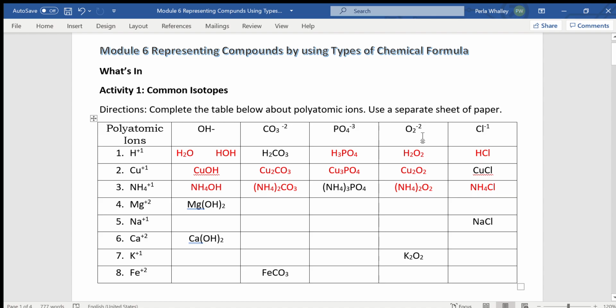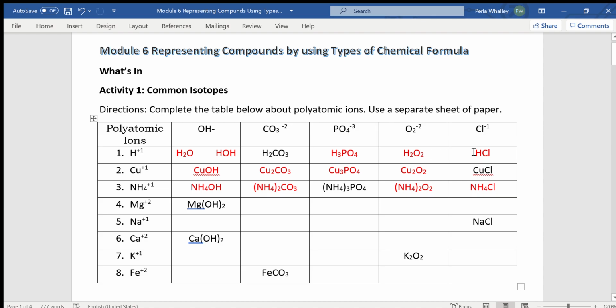This is peroxide, and we pair it with hydrogen ion. So we write H, but we need to cross over this 2 to hydrogen, and then O2. There is a plus 1 here, but it doesn't affect the formula. So the correct formula is H2O2, or hydrogen peroxide.